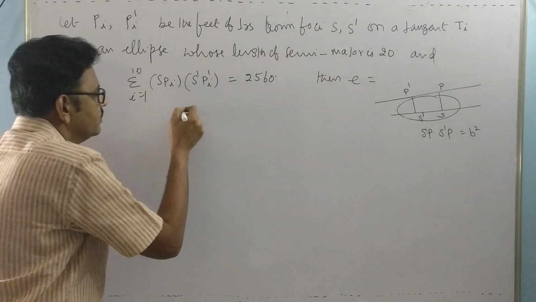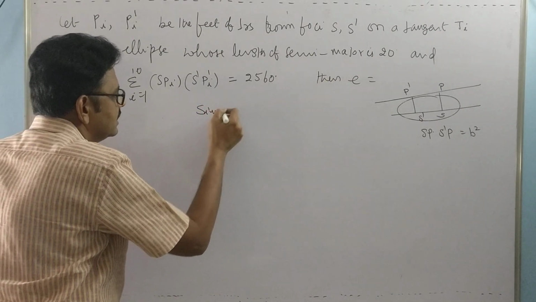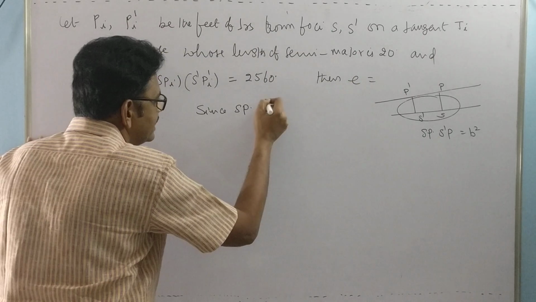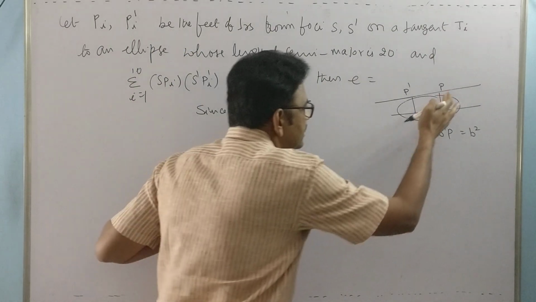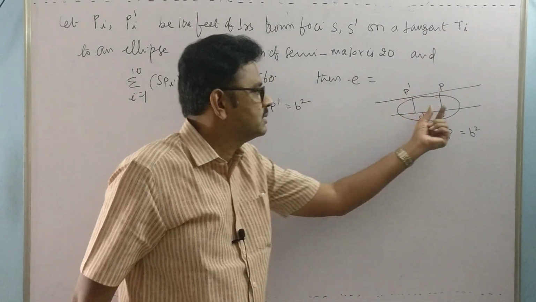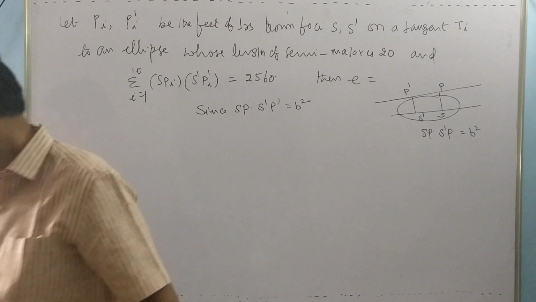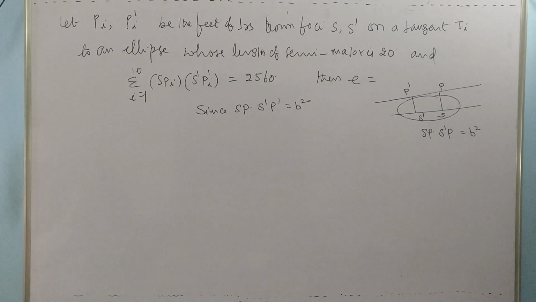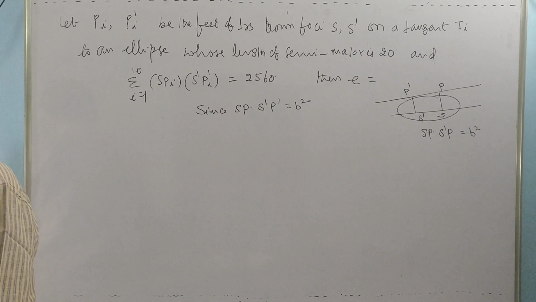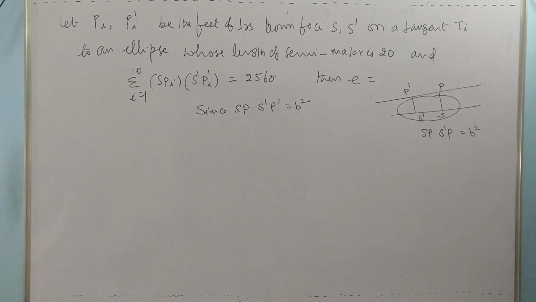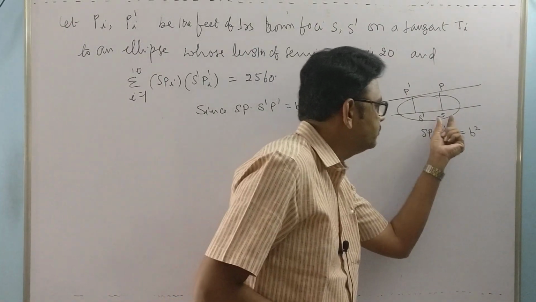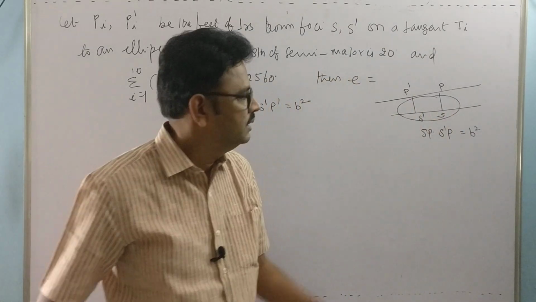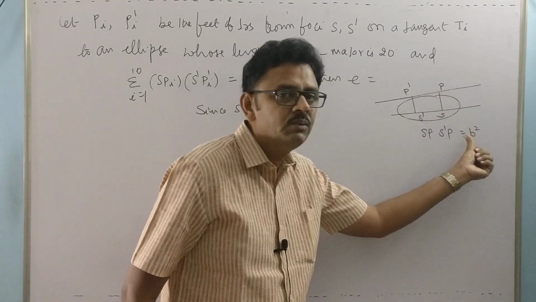The summation is what? We know that SP into S dash P dash is equal to b square, where P and P dash are the feet of perpendiculars drawn from foci. So the product of perpendiculars drawn from foci to any tangent to the ellipse is equal to b square.